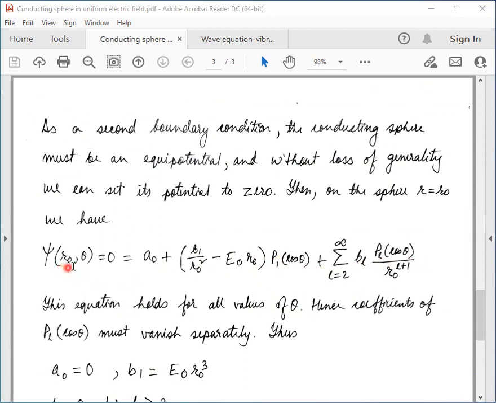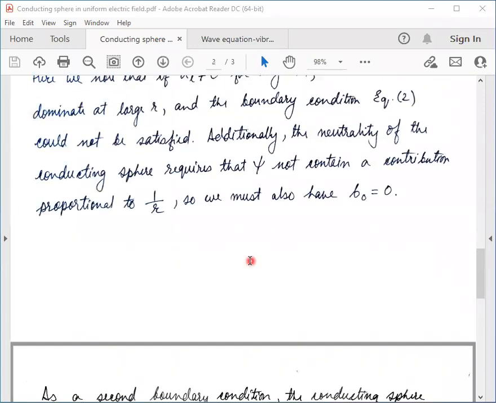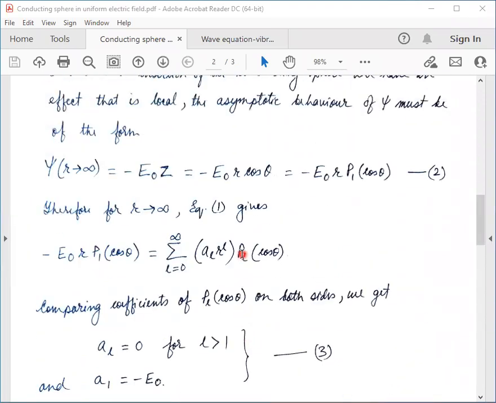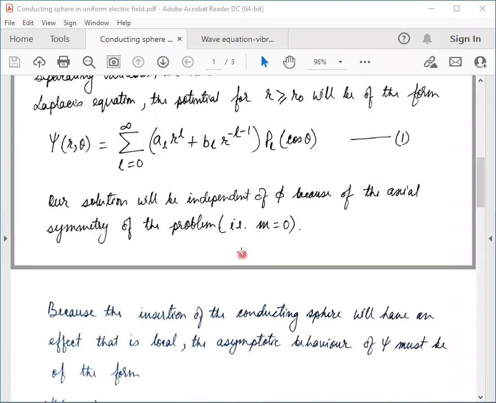So psi(R0, theta) is equal to 0. This is equal to A0 plus B1 by R0 square, minus E0 R0 times P1 cos theta. We can get it from here. When you take L equal to 1, this will be B1 divided by r to the power 2, that is B1 by r square, and when you take r equal to R0, we get the expression B1 by R0 square.